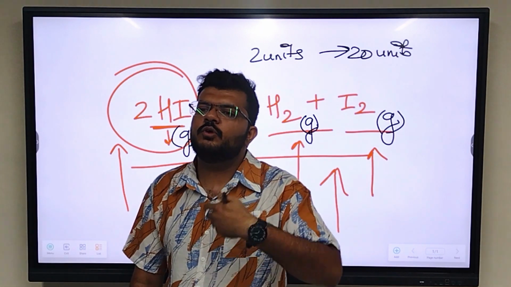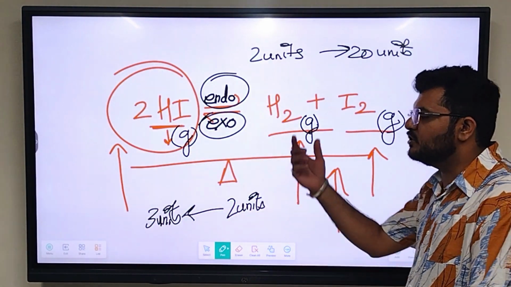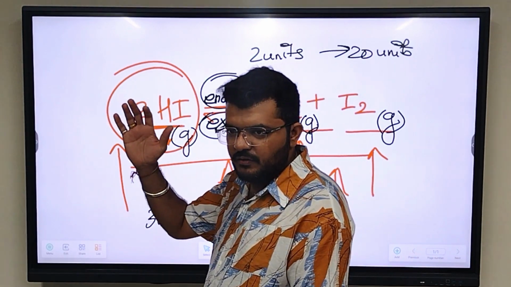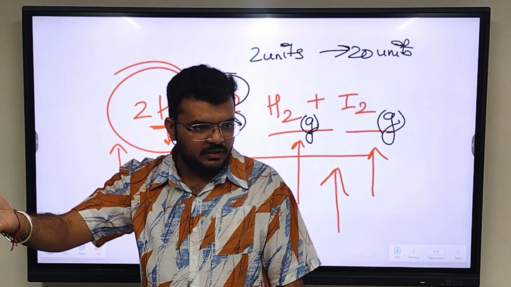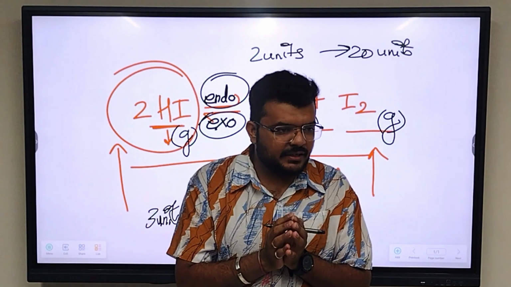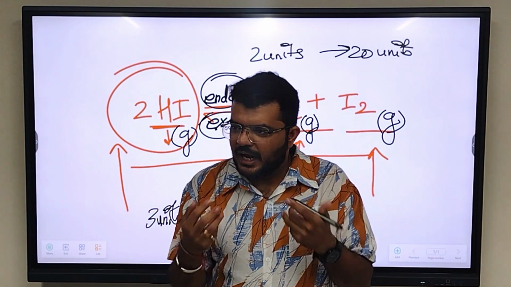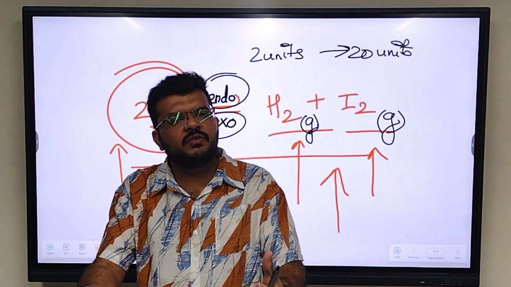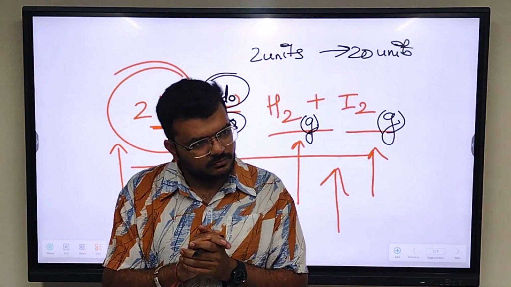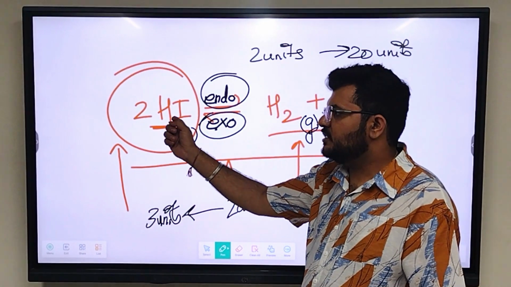Okay. Now find one more way to disturb this equilibrium. Yes, pressure, because all of them are gases. If I increase the pressure, I am trying to make things compact. What would the equilibrium do? Try to decrease the pressure. I am increasing the pressure, the equilibrium will try to decrease the pressure. Make sense? Okay. This is gas.